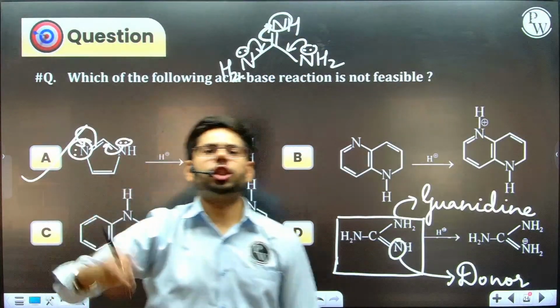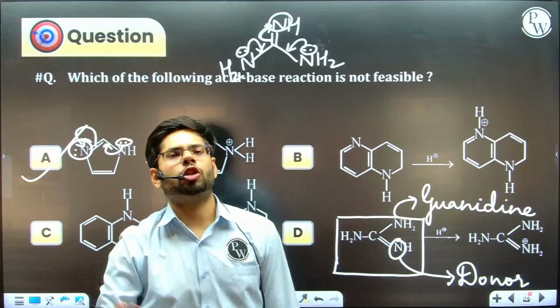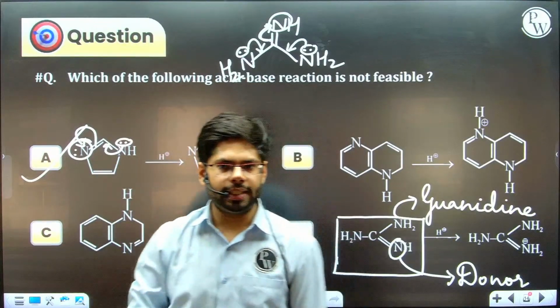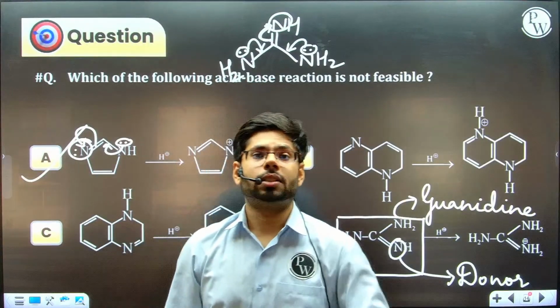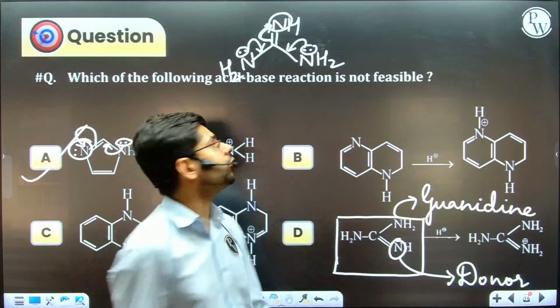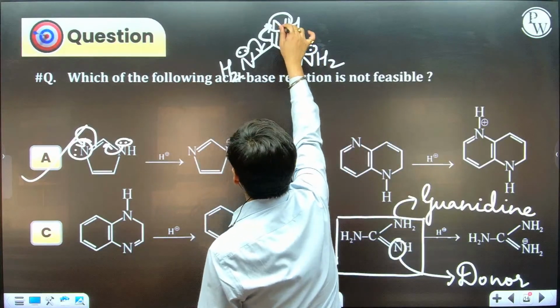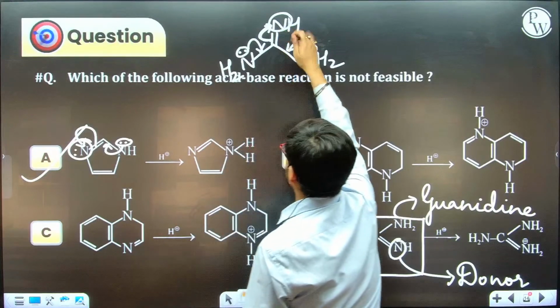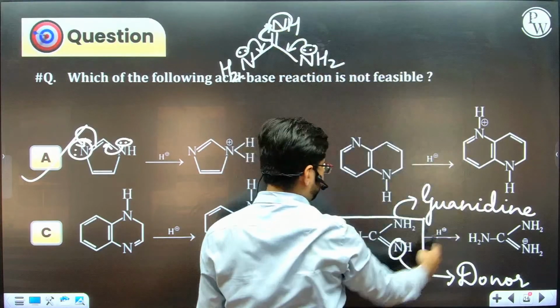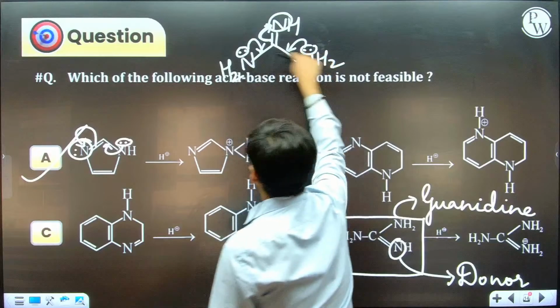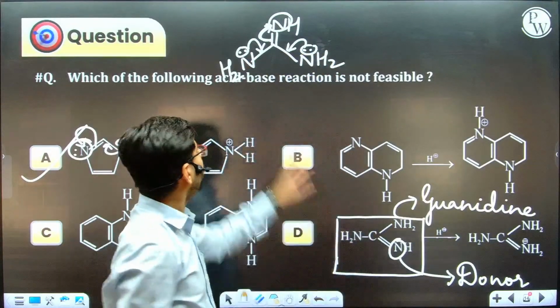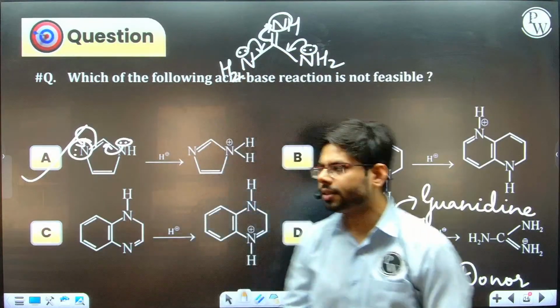More the accumulation of negative charge on a nitrogen atom because of resonance, greater is its ability to donate electron pair, which means this is the donor, this is the best site of protonation. So this is undergoing reaction with H plus. These two nitrogen atoms are not so basic because their lone pairs are involved in resonance.